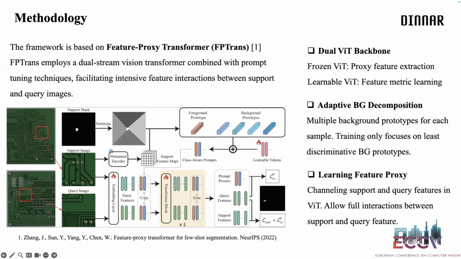And the proxy features interact with both the support and query features by attention mechanism. After each transformer block, the two sets of proxy features are merged, copied, and then concatenated as before. So this enables the interaction between the support and query features and proxies. And the segmentation results are obtained by comparing query features with the foreground and background support features from the last block of our second learnable encoder.